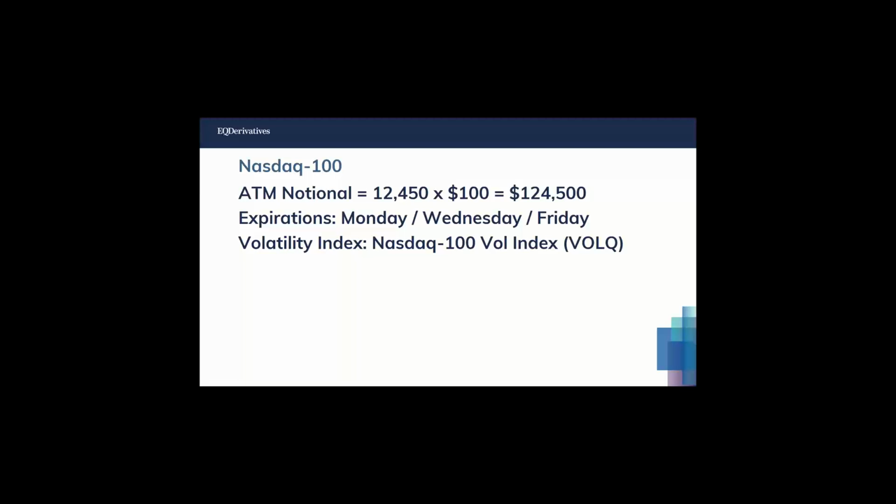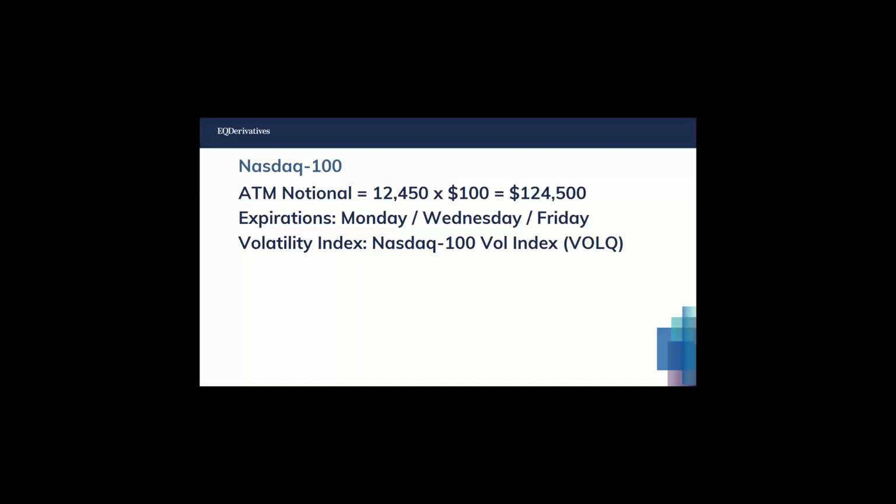Now, something that you need to know with respect to VolQ relative to VIX or the Russell 2000 volatility index is that VolQ focuses more on at-the-money options. All three of them look at a 30-day time period, but VolQ disconnects from VIX in that it's focusing more on at-the-money option contracts, whereas VIX is looking at a big strip of options.